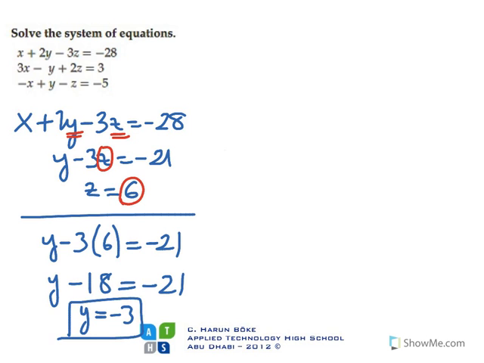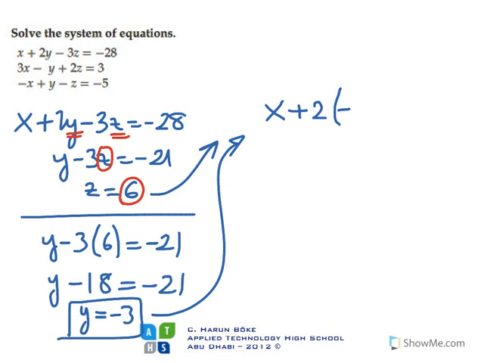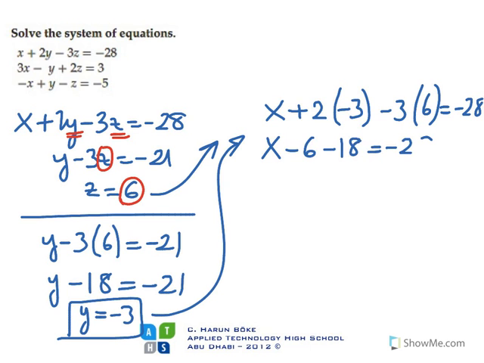And in the first equation, if I substitute both values, it will be x plus 2 times -3 minus 3 times 6 equals -28. So it will be x minus 6 minus 18 equals -28. Hence x minus 24 will be -28, so I have x to be -4.